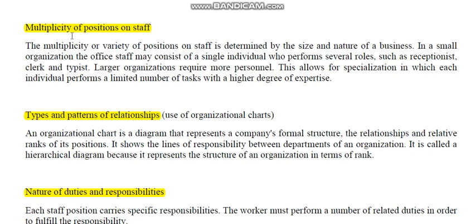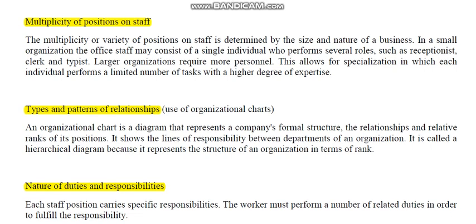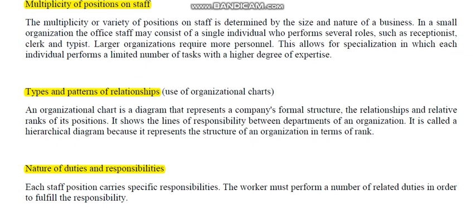It will be impossible for so few staff to reach the company goals because they will not be able to complete the tasks by themselves. They will need more employees, more help, to run the organization properly. So the size will affect how many persons are employed in that business. Therefore, the multiplicity of positions on staff.